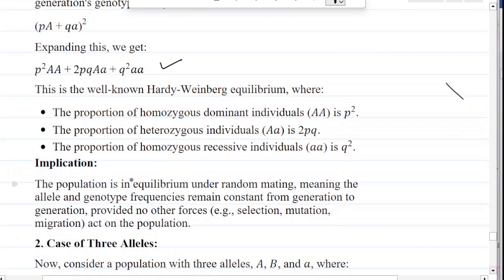The implication of two alleles at a locus is that the population is in equilibrium under random mating, meaning the allele and genotype frequencies remain constant from generation to generation, provided no other forces such as selection, mutation, and migration act on the population.